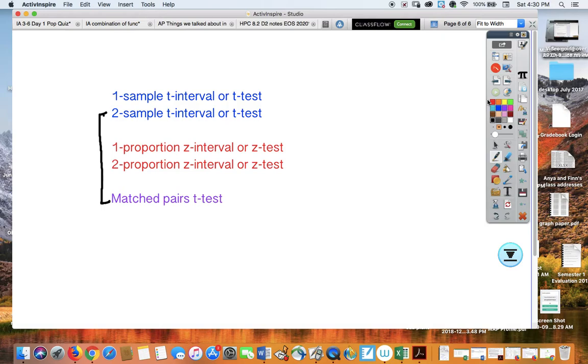Okay, let's talk about how do you know if it's an interval versus a test. Here, let me talk about this real quick. This is what I wanted to say. I just forgot. With these 1-sample or 2-sample, those are problems involving means. And you can only have problems involving means if you have quantitative data. So you got to have numbers.